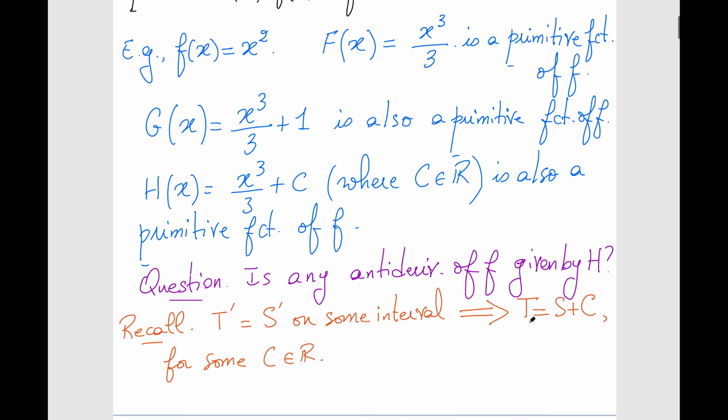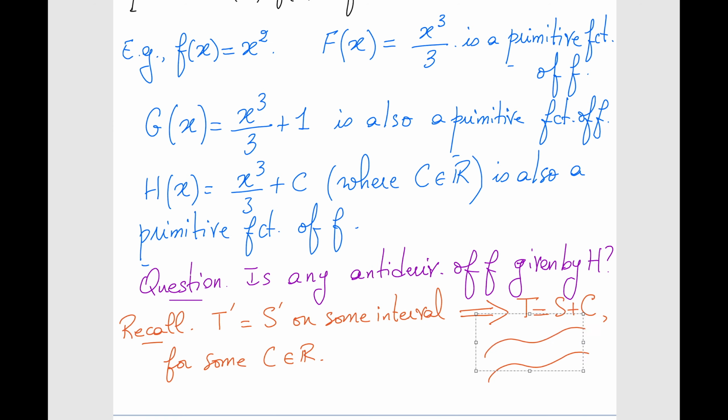What does it mean that t and s differ by a constant? This means that some function t, I have no idea how it looks, and s differ by a constant, which means that they are identical up to a shift, right? So if you take this, you copy it, and you paste it, they are the same, but via a shift.